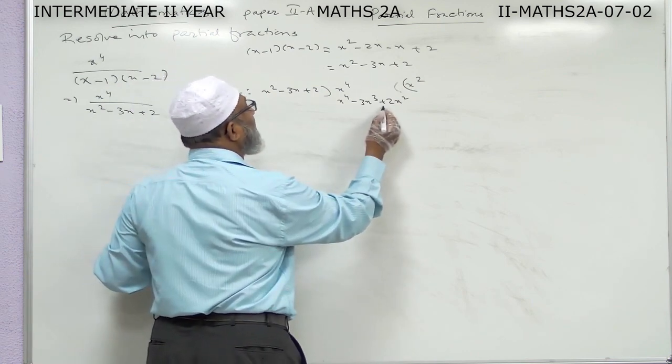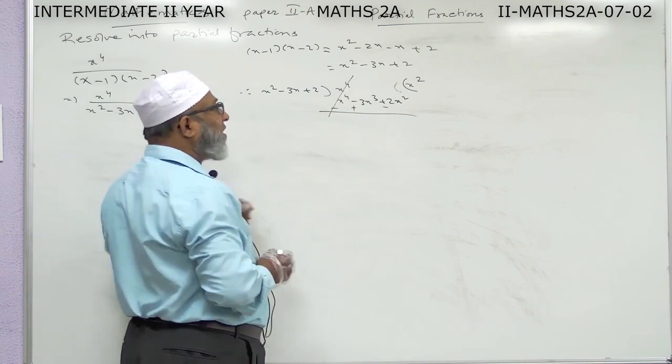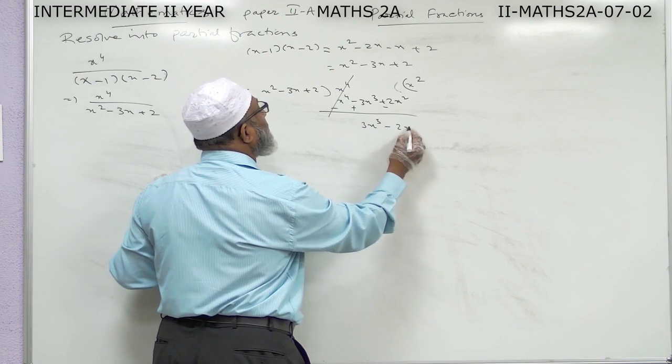Is it clear? Now I am changing the sign, plus becomes minus, minus becomes plus, plus becomes minus. So this part will be cancelled. What remains? 3x cube minus 2x square.